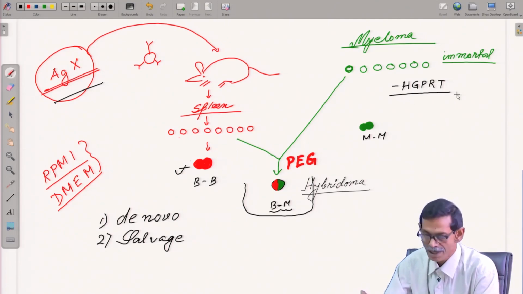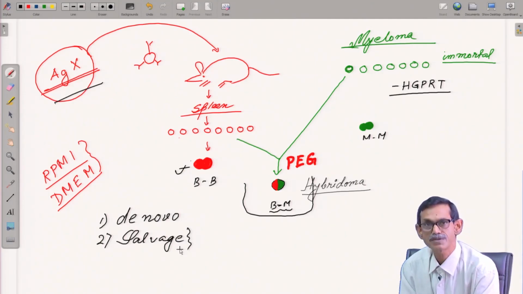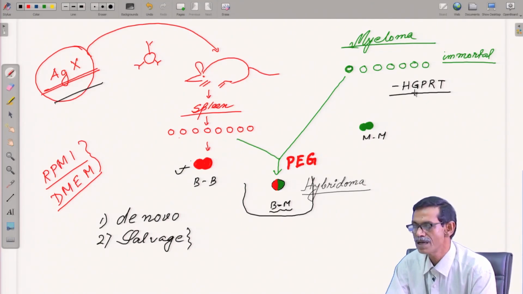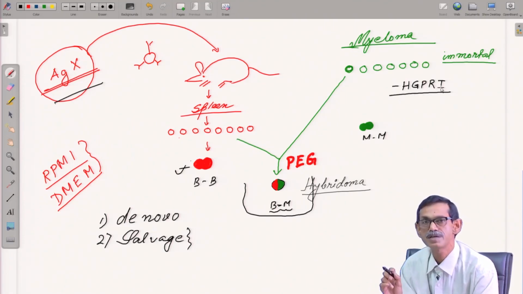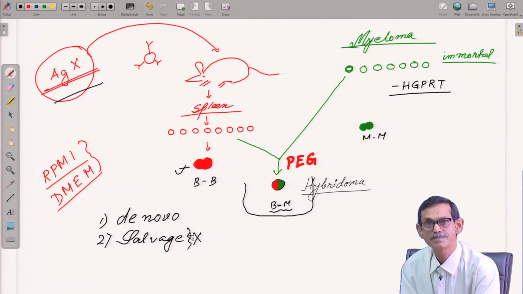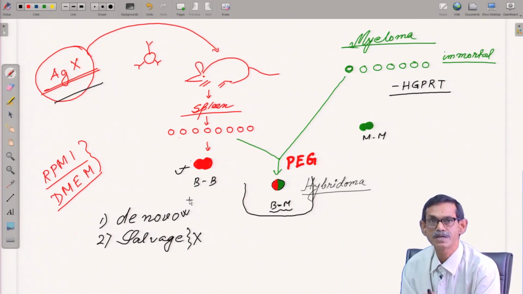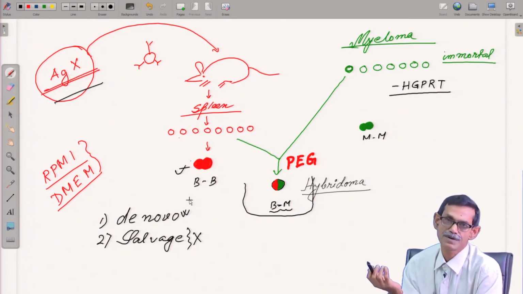This HGPRT is a very important enzyme of this salvage pathway. So, what is happening? This myeloma cell lacks one of the key enzymes, HGPRT. So, they cannot use the salvage pathway. But they normally do not care, because their de novo pathway is active, so they can make their nucleotides and survive.